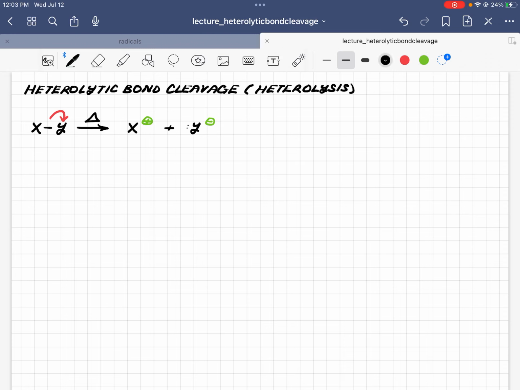So in a heterolytic bond cleavage, we have a bond breaking, and that forms charged species.